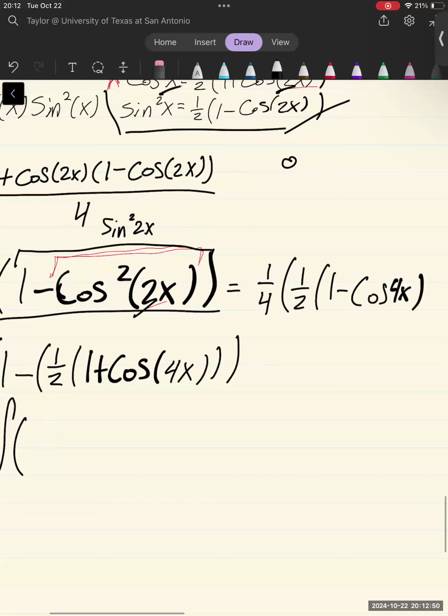And then you're going to have 1/8 times 1 minus cos 4x.